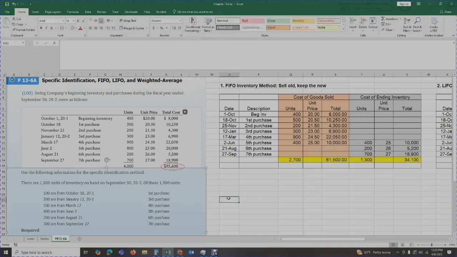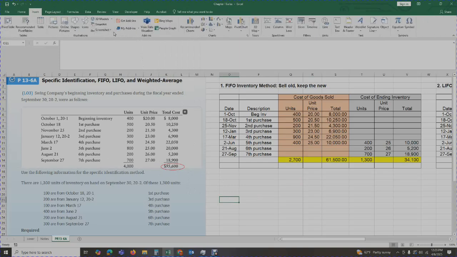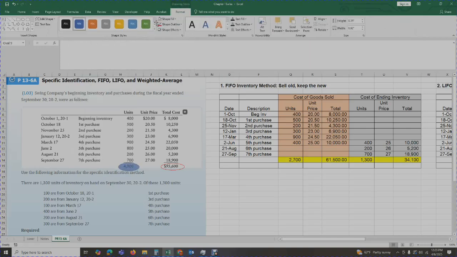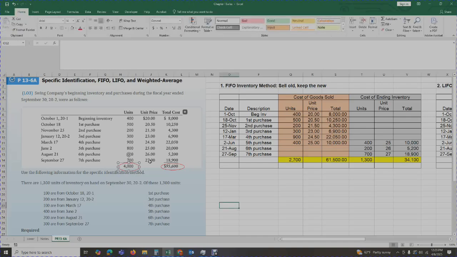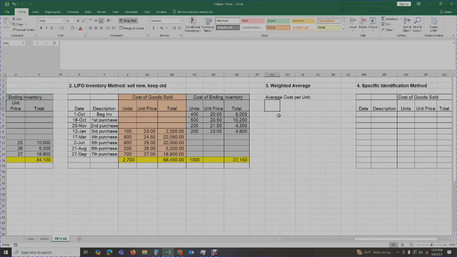So we spent 95,600 to get a total of 4,000 units. So that's where we're picking up our numbers. The total cost divided by the total units.